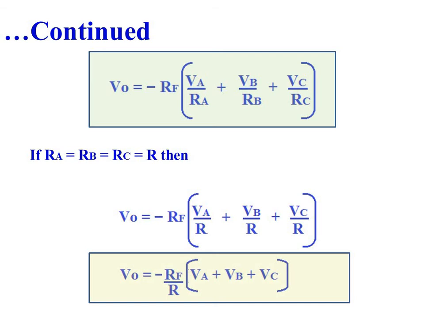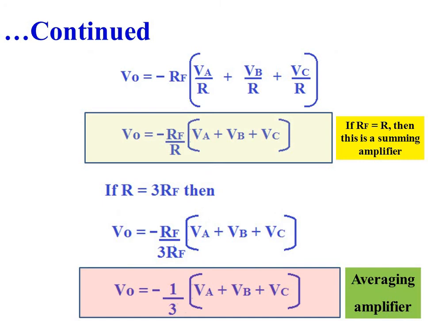Here R is a common term in the denominator, so we can write output voltage V0 is equal to minus Rf by R into (VA plus VB plus VC).